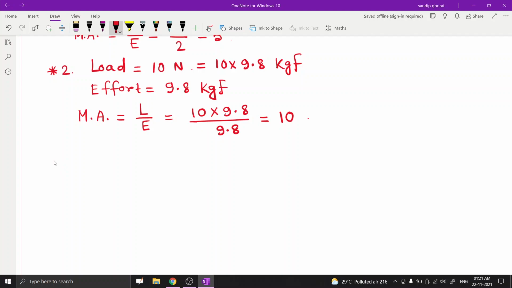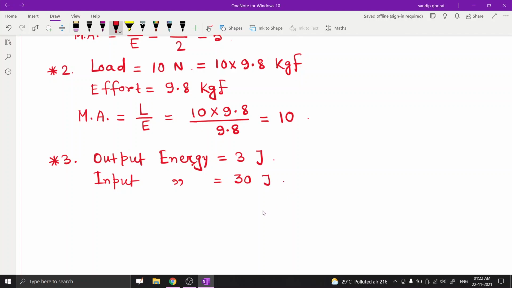Now we move to the next problem, question number 3. Suppose output energy is 3 joule and input energy is 30 joule. Now what is the efficiency?